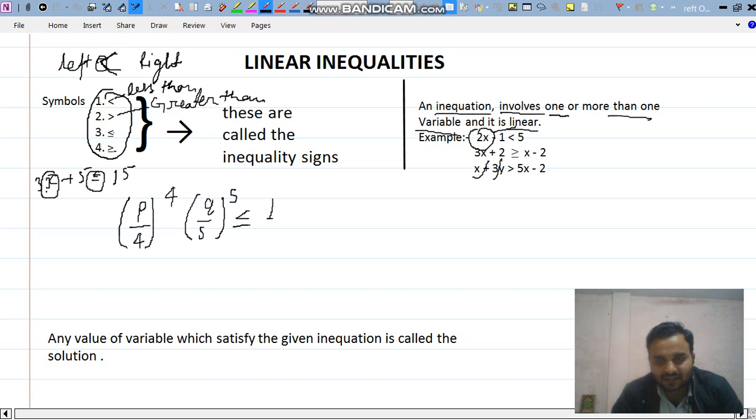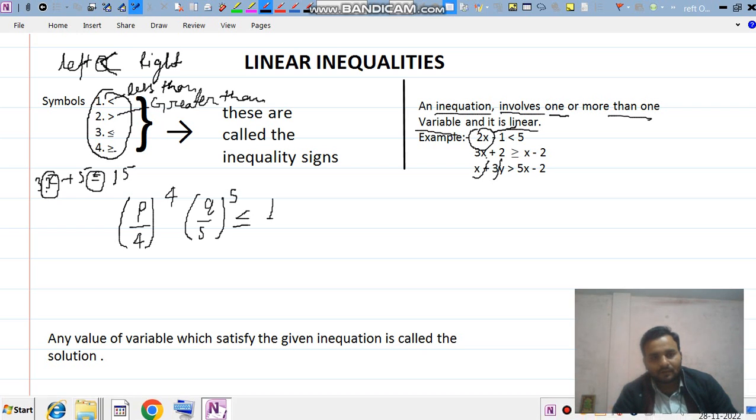If there is one variable, you say one variable linear equation. If there are two variables, you say two variable linear equations. Okay, now it was the introduction of linear inequalities and linear inequations.